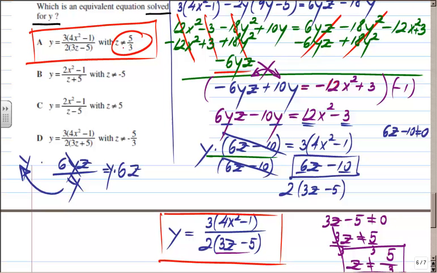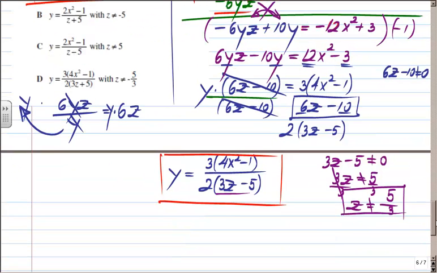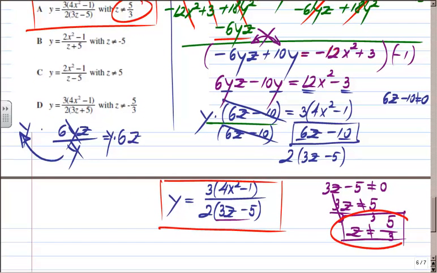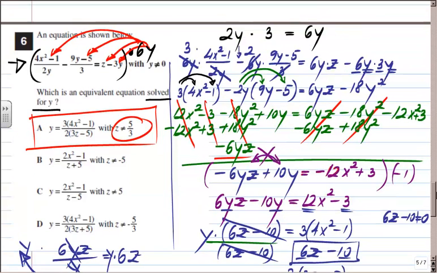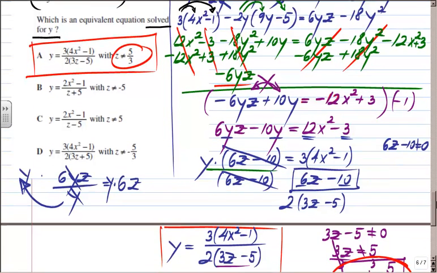We have the same condition here, the same value that z cannot take, right? Same restriction. Z should be different than 5 over 3. Well, we got the same thing here. And this is the way you solve similar problems.